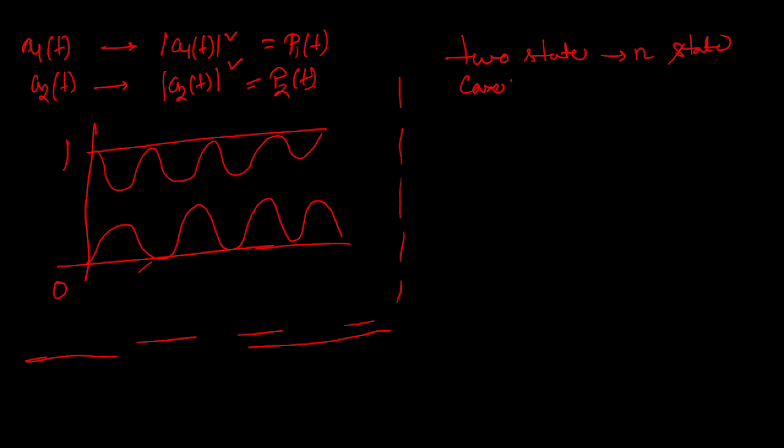Otherwise, where is the energy coming from? That energy is incorporated in your perturbative Hamiltonian. Okay, so the perturbative Hamiltonian is actually due to switching on the light.